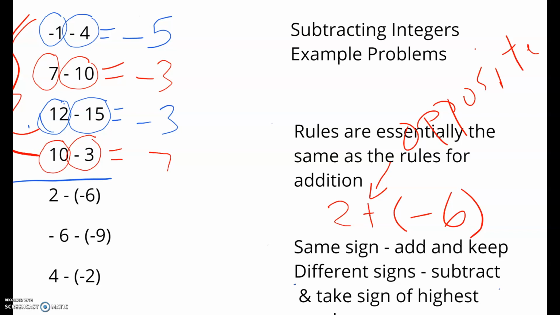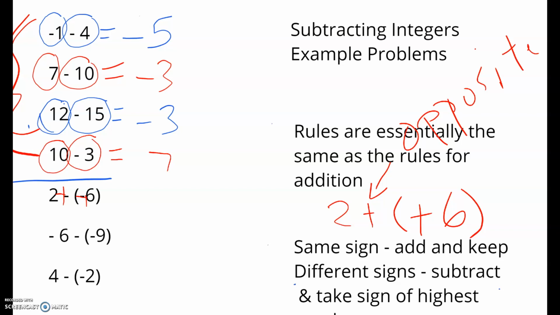And so this problem is actually 2 plus 6 because one negative sign changes the other. It's almost like they cancel each other out. The first one says take the opposite of the second one. And so when you're saying 2 take away a negative 6, it is actually the same thing as 2 plus 6. So I am going to have to change this problem to reflect that. So I'm going to come over here and change that to 2 plus 6.